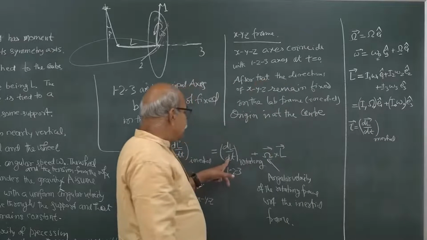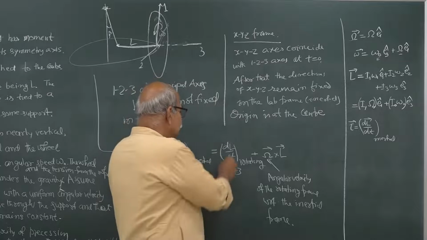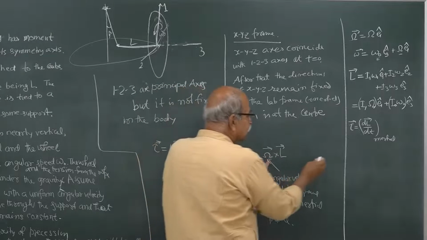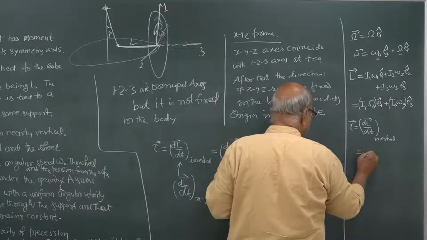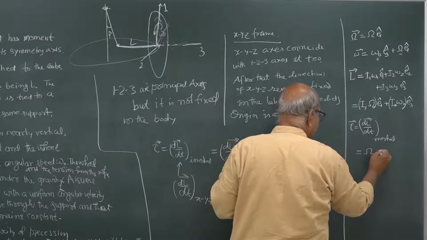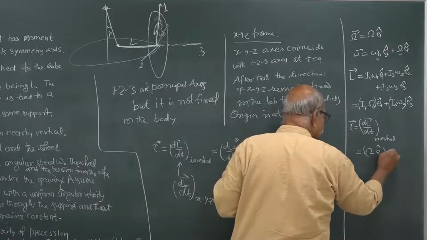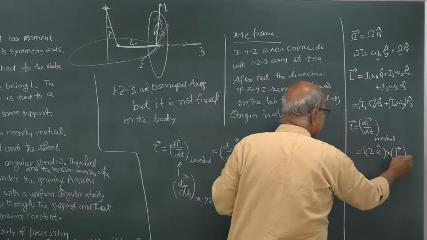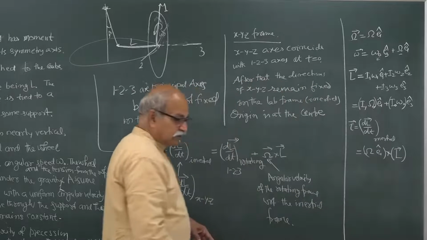So, when you write dL/dt in this 1, 2, 3 frame, this part is 0 and therefore, it is this part, which is equal to omega E1 cap cross L, and here is L.